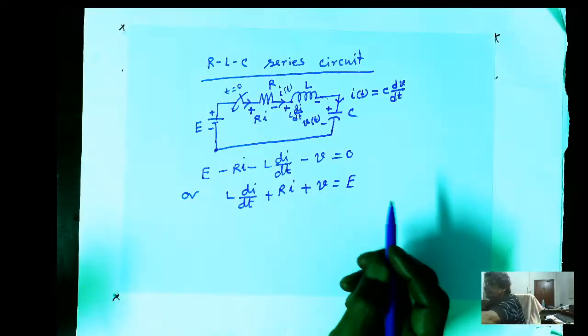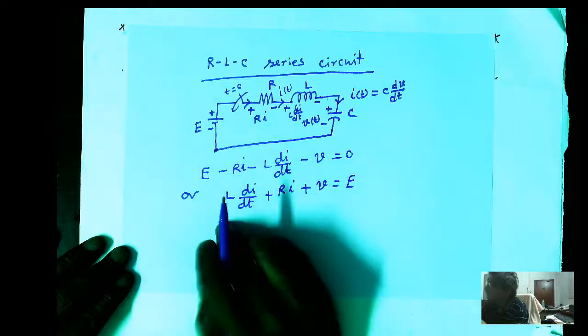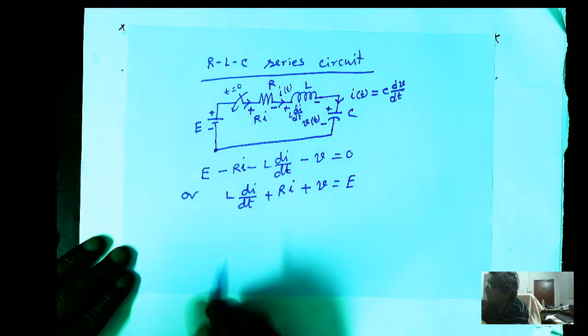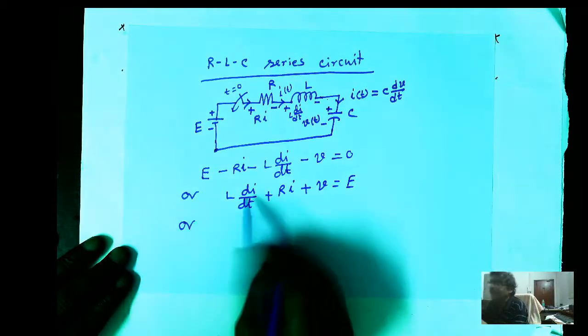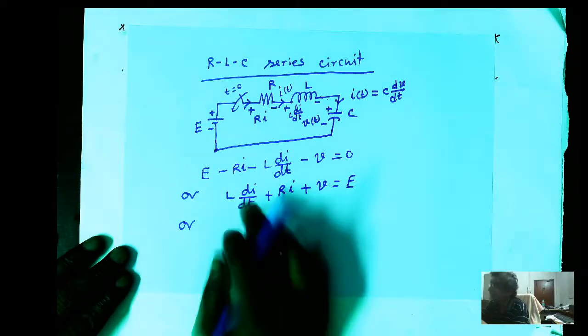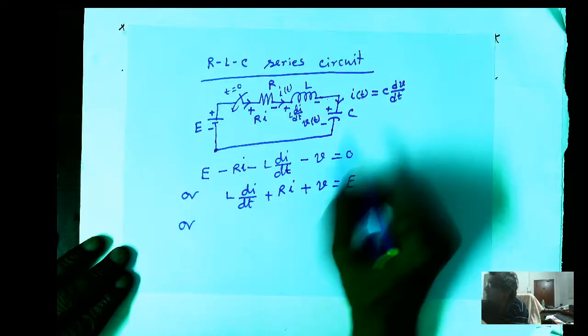And since there are two unknowns present here, i and V, I will translate it into one unknown. That I can do with the help of this equation.